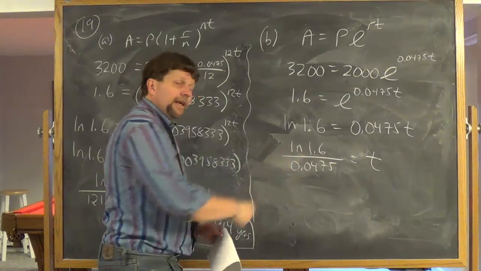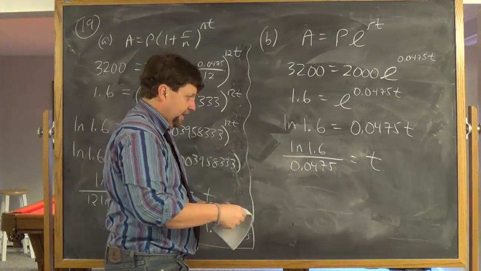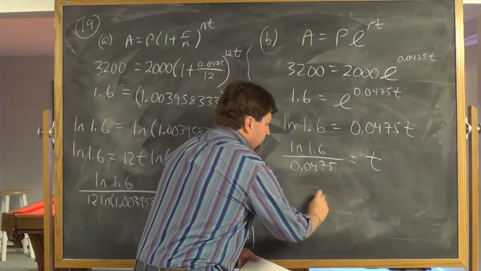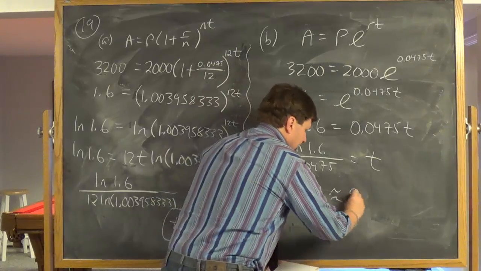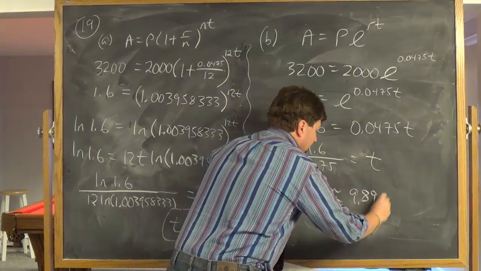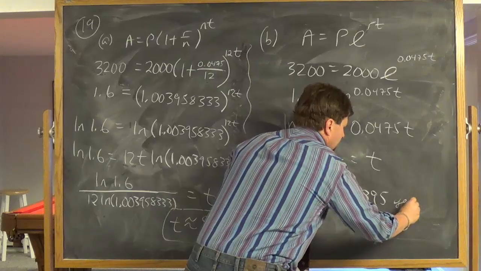But let's use our calculator and get a decimal approximation here. If you crank this through the calculator correctly, you should get t to be about 9.895 years.